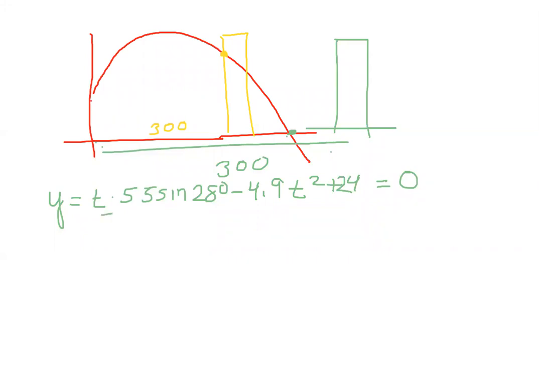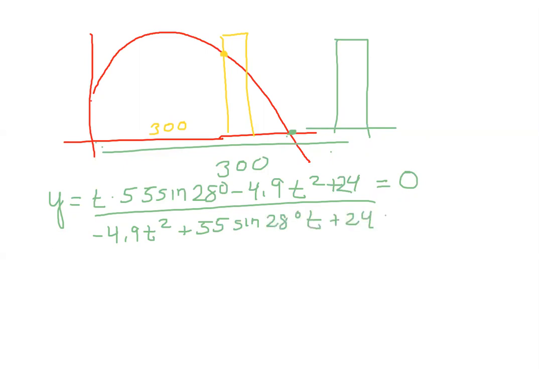Now, in order to solve this, you're going to have to use the quadratic. It's not very fun. We're going to say negative 4.9. I'm going to switch it around so that it looks like something that we normally look at for a quadratic.